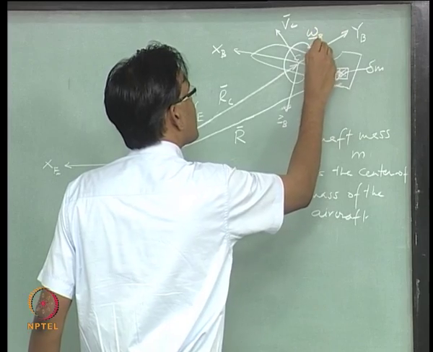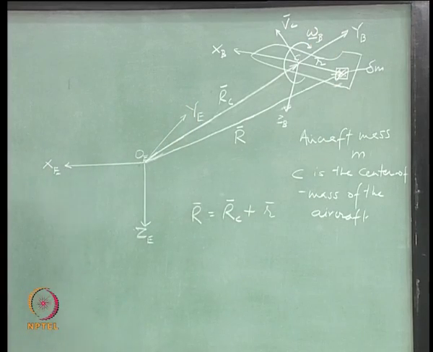I can write a subscript B attached to this, so that is the rotation of the aircraft in the body fixed axis system, okay, isn't it? So, it has 3 components P, Q, R, we know that, right, roll rate, pitch rate, yaw rate.